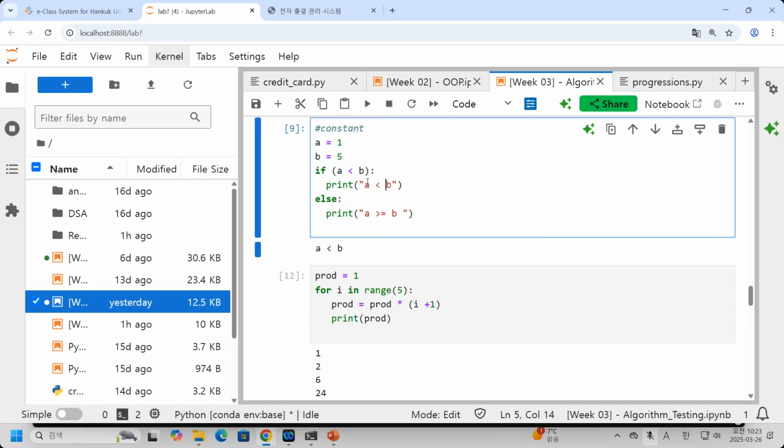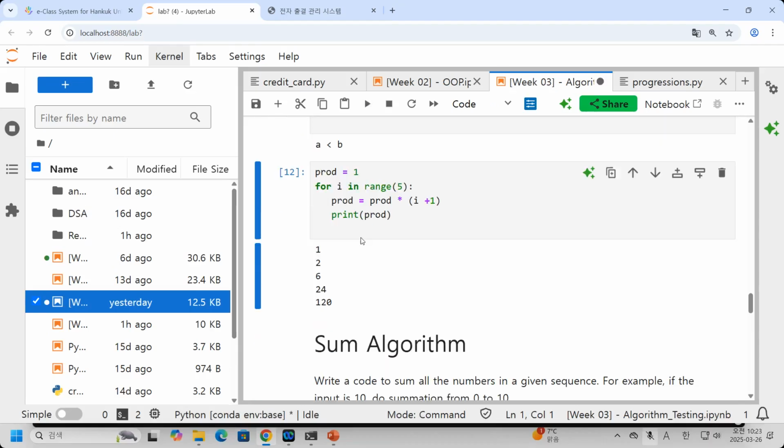Okay. So for example, this is constant, just one operation. And then for this one, we will do it 5 times, because we have the range until 5, and this is a loop.